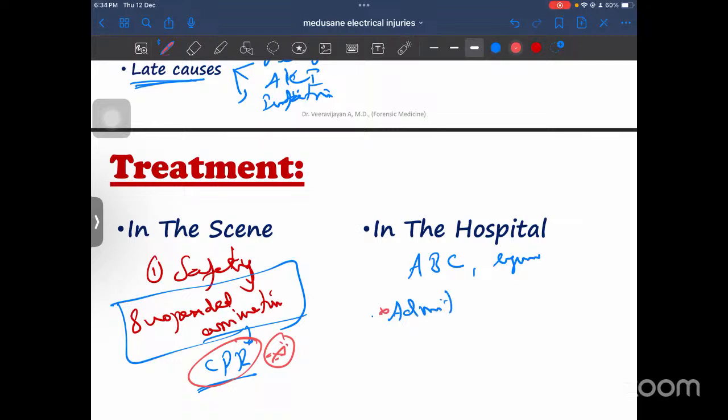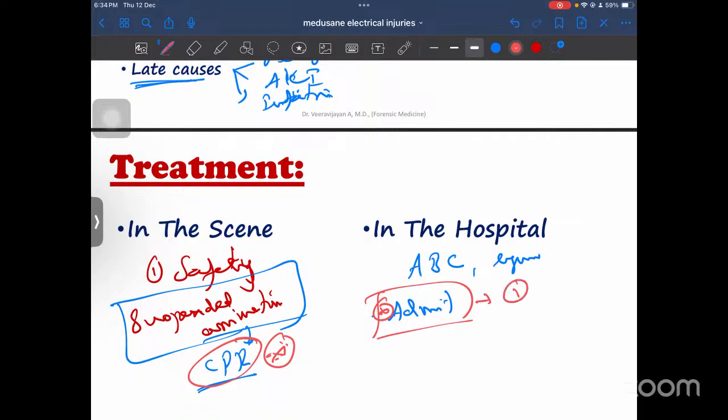Always try to admit patients who come with a history of electrocution, because externally there won't be any injury, or there may be simple injuries, or just a crater, or just a 1 × 1 centimeter crater, like that. But we don't know the effects or severity of injuries within the body. So he may go to rhabdomyolysis and AKI within a day. So always we have to admit the patient with a history of electrocution.